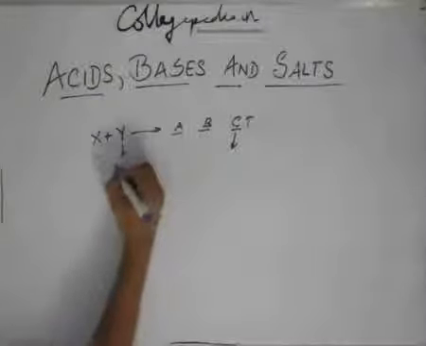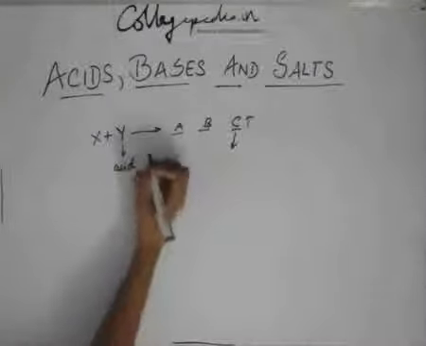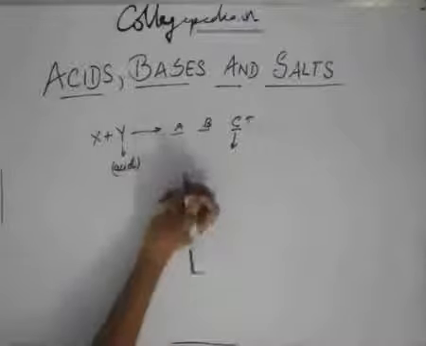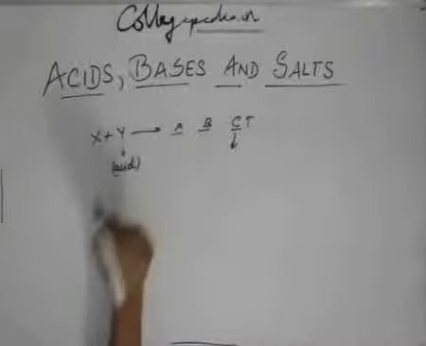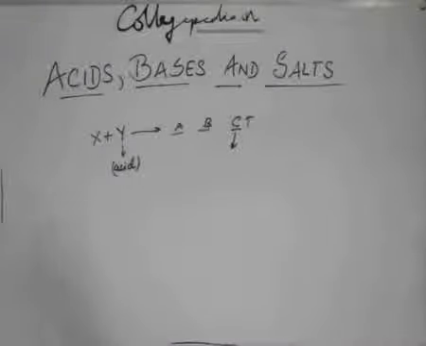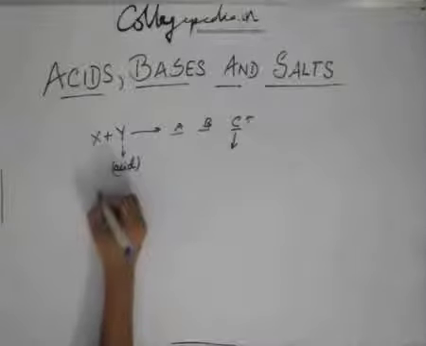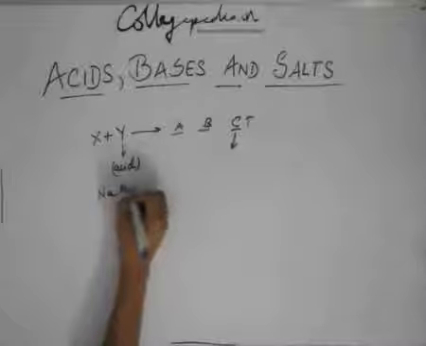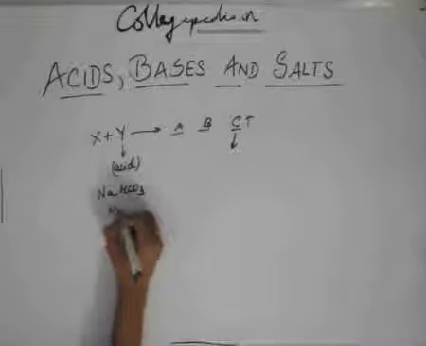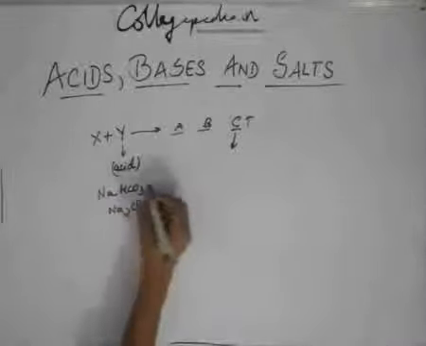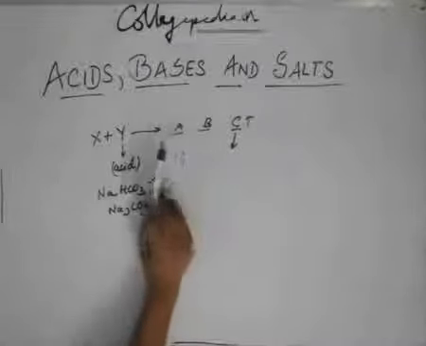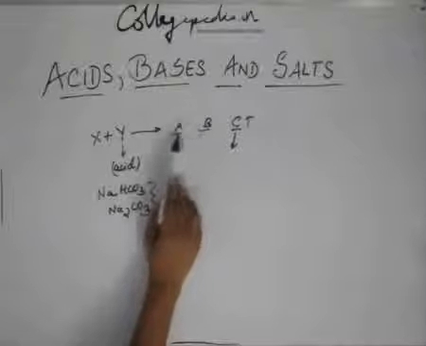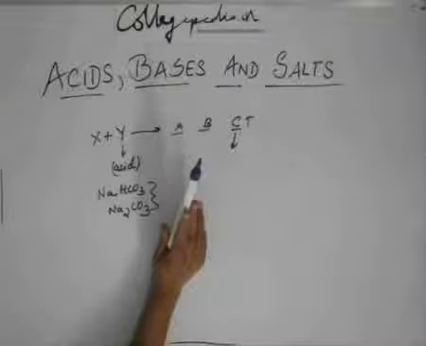So C we have identified as CO2, and they give that Y is an acid. So you get a faint idea that what reacts with acid to form CO2 and give two other products. You get an idea that it can be NaHCO3 or Na2CO3, because these two react with acid to give water, a salt, and CO2.